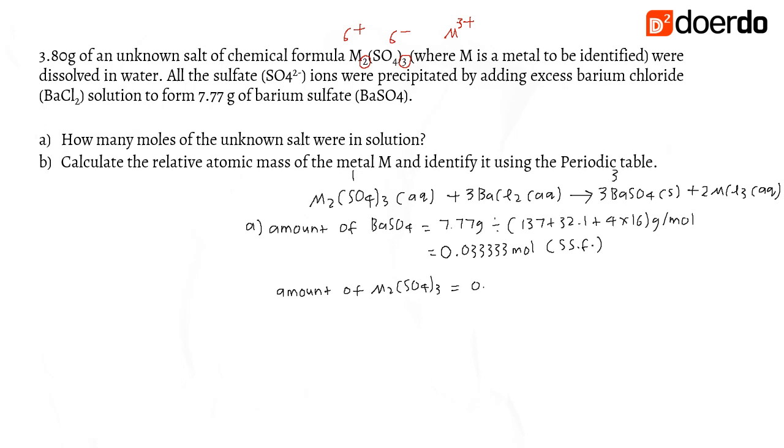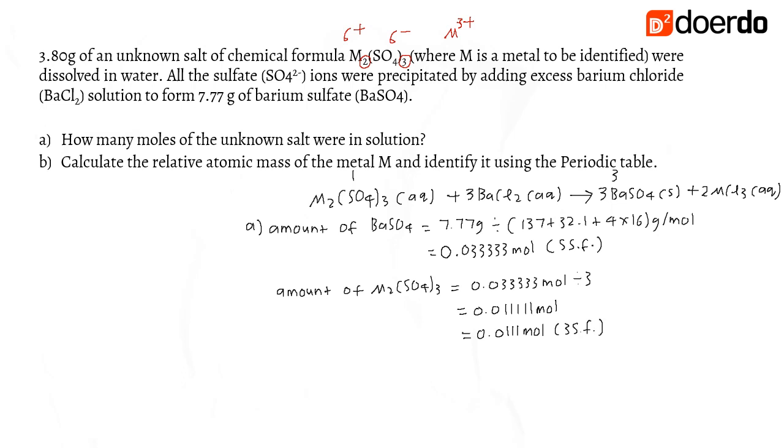So to continue, 0.03333 moles divided by 3 to obtain 0.01111 moles, which is equivalent to 0.0111 moles, rounded to 3 significant figures, as your answer should always be 3 significant figures.